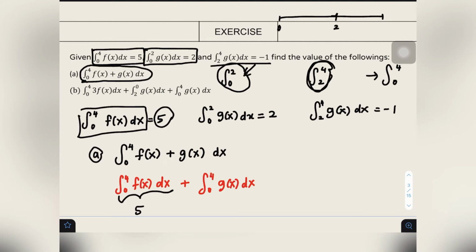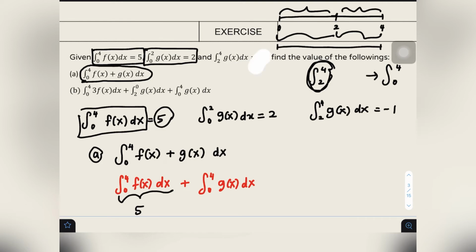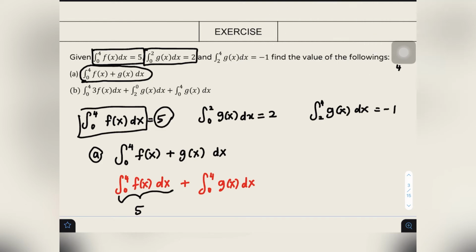And for the second integral, it calculates from 2 to 4. So if you add the value of the first one and the value of the second one, what you will get is the integral from 0 to 4. Now, in the question, you are already given the value of g(x) from 0 to 2 and from 2 to 4. So for the value of the integration from 0 to 4, you can actually add the answers here.